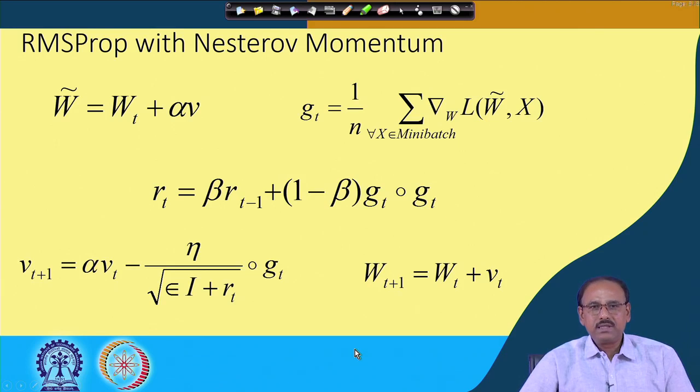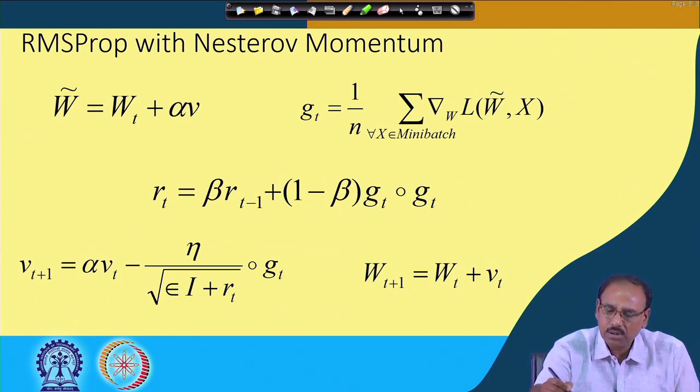You can also improvise upon the RMSProp algorithm with a Nesterov momentum term. As we have seen, in case of the Nesterov accelerated gradient technique, you take the gradient not at location WT, but at a look ahead position. Assuming that your previous momentum term is V, you are looking ahead at location WT plus alpha times V, and you take the gradient at that location instead of at location WT.